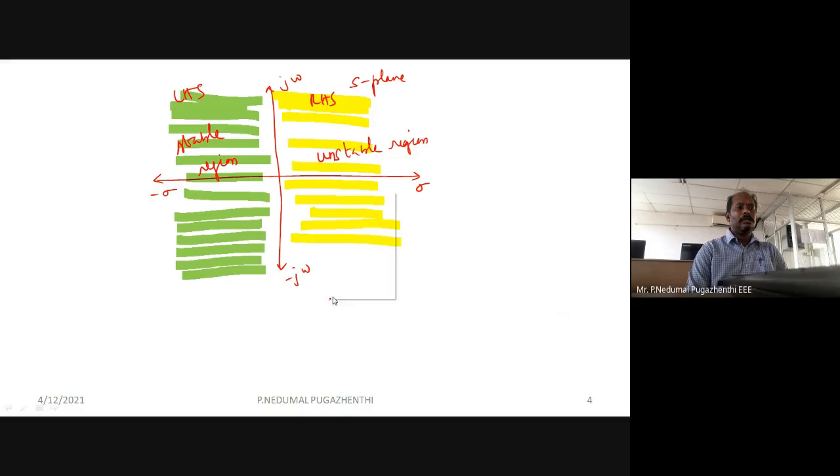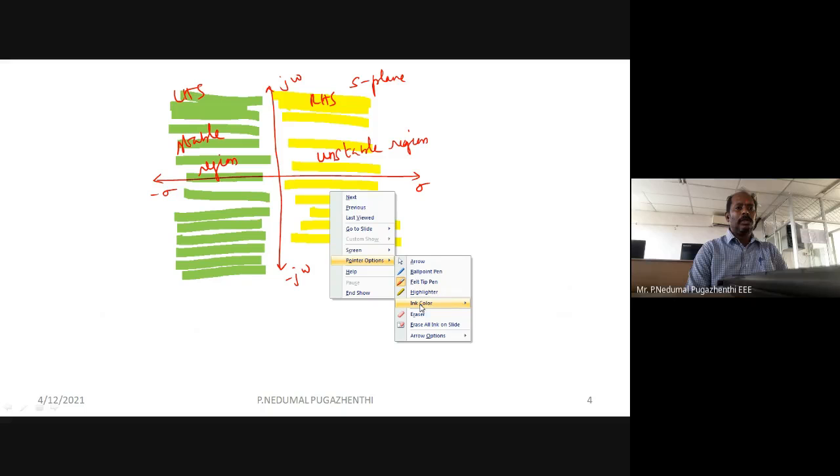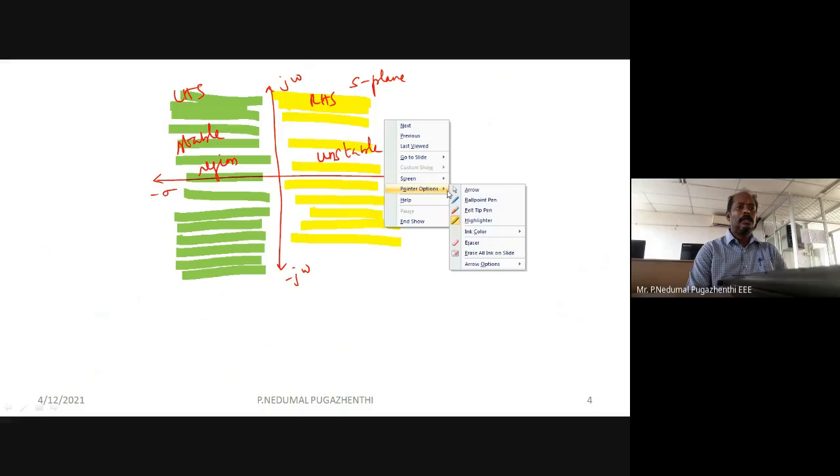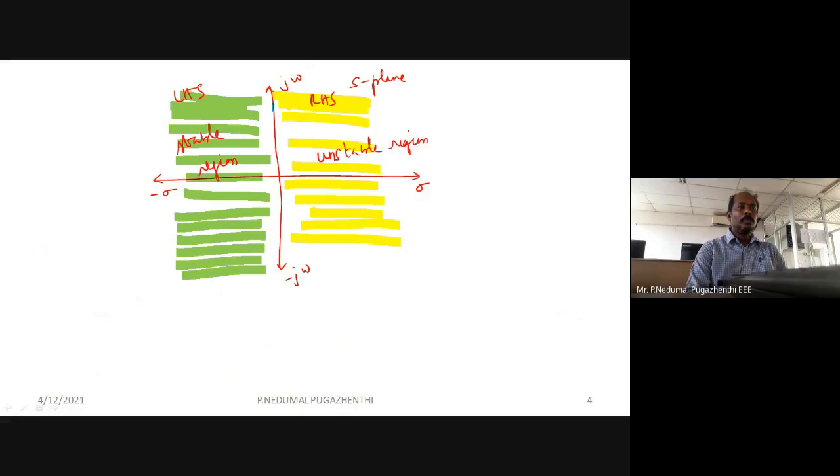And one more region we can take, and that is this particular region. This is exactly the j omega axis.